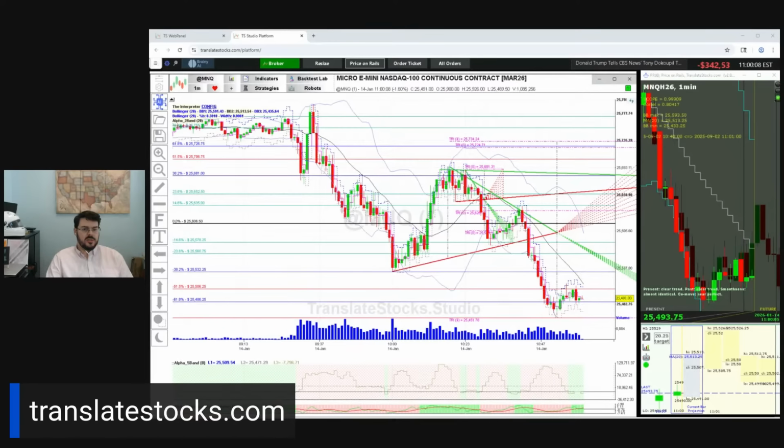It's testing the Fibonacci line again, so it seems that it's breaking out of this triangle. If it breaks out of this triangle, this is the pivot point, by the way, the S3 pivot point. So we have the triangle, the daily pivot point, and the Fibonacci all together at this same line. This should work as a strong resistance for the day.